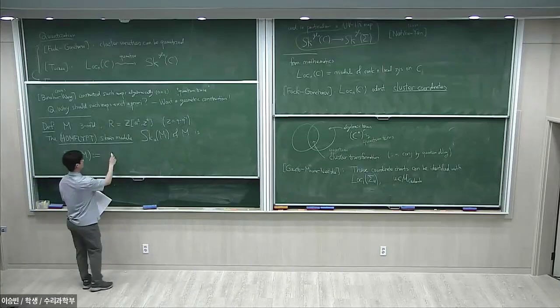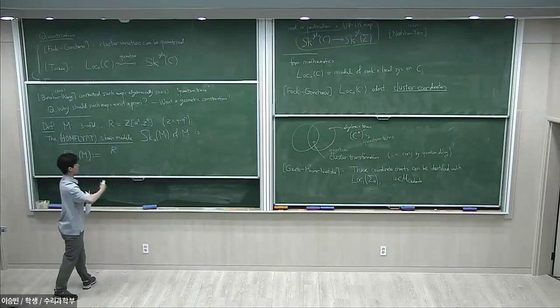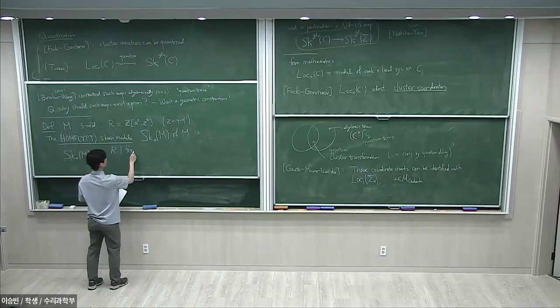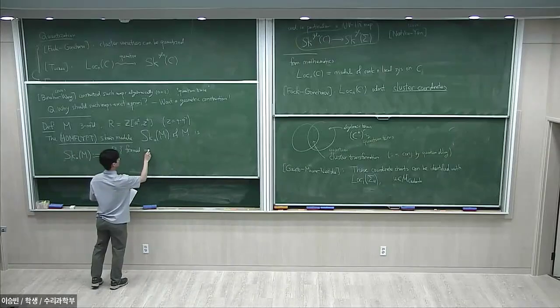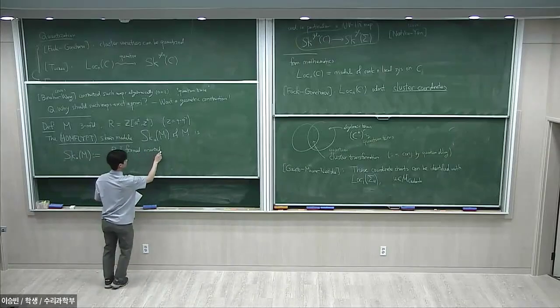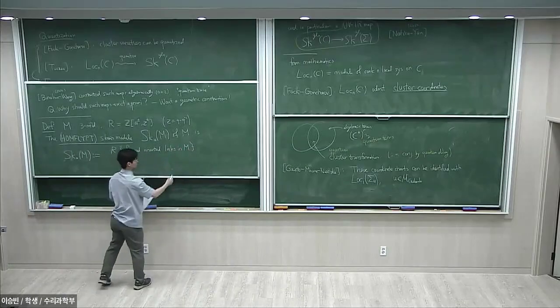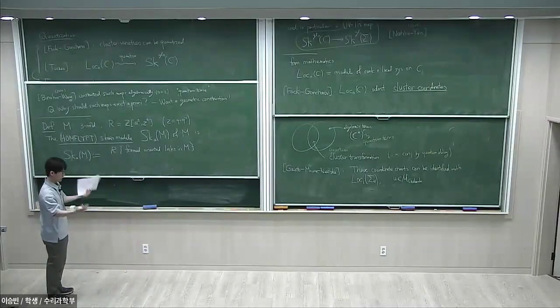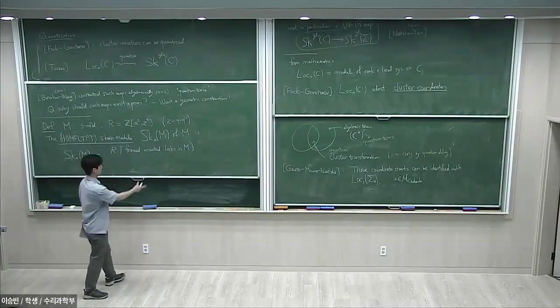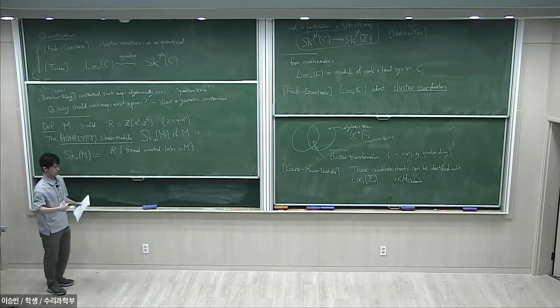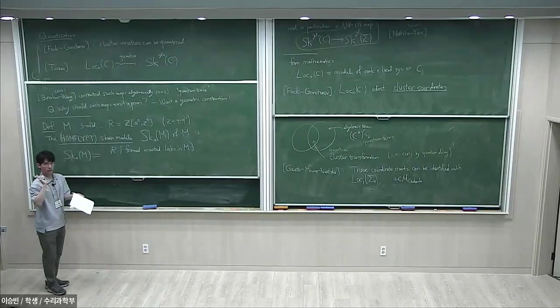It is the R-span, or R-linear combinations, of all framed oriented links in M. Yeah, a link is just a smooth embedding of some number of copies of S1 into M. And we say that they're framed if they carry some normal vector fields along those circles.